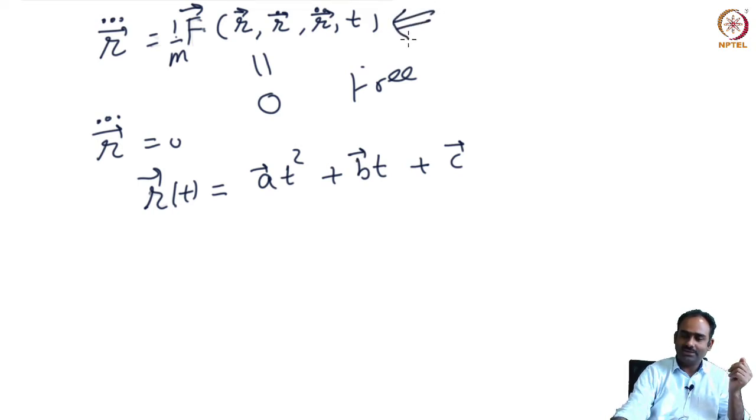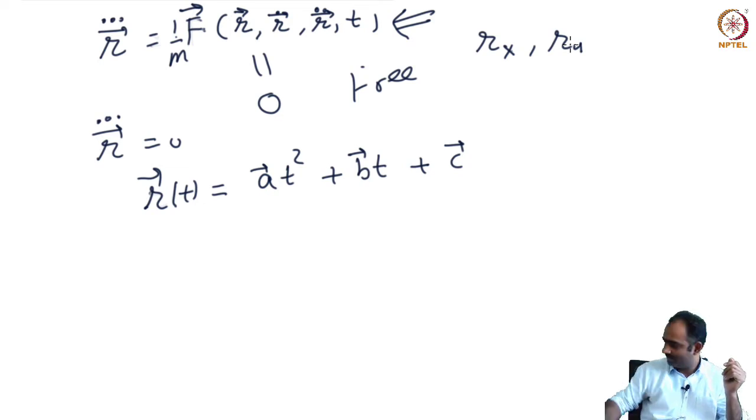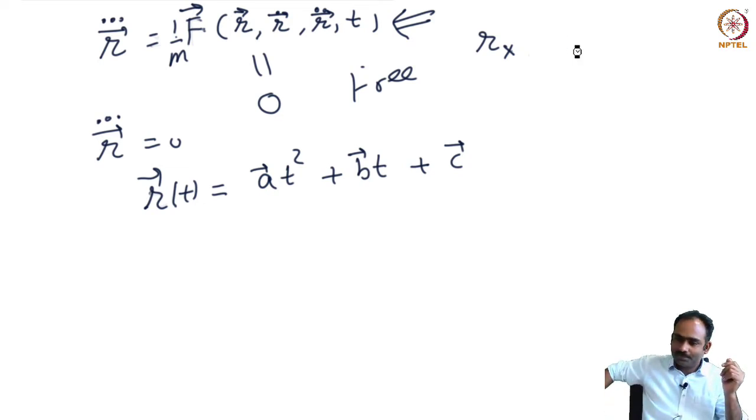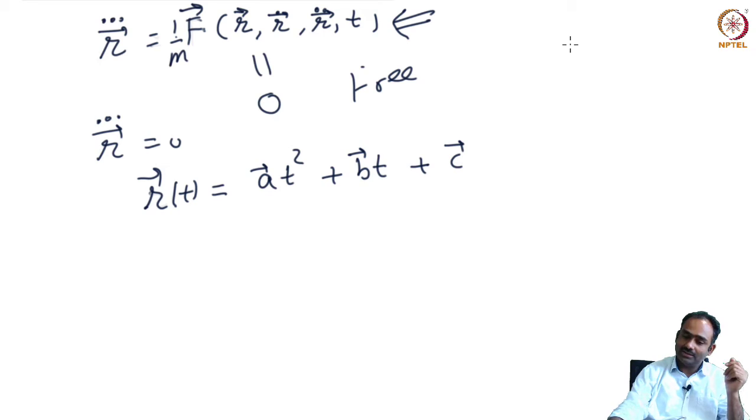equation, for example, here it's not one equation, it's three equations. There is one equation for each Cartesian component. So one equation for Rx, instead of Rx I can say X, Y, and Z. So these are the three.